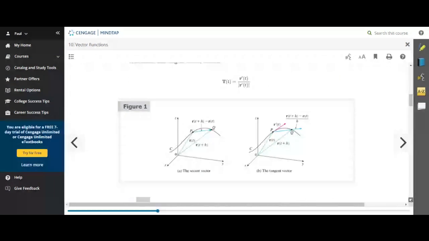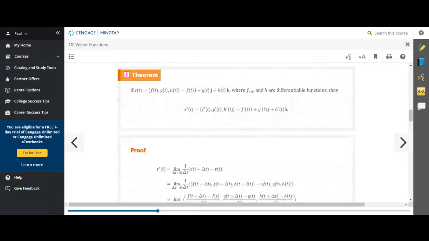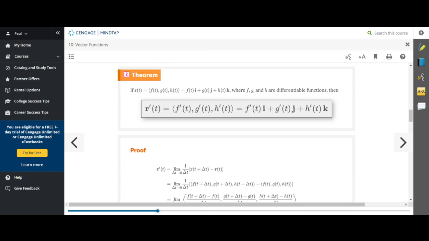And here's this theorem. If you have a vector function and you want to find its derivative, just take the derivative of the components. That's what theorem 2 says. It's what you might expect, but that's how you take the derivative of a vector function. You take simply the derivative of each component, and then the vector function of the derivatives of the components is your derivative vector.